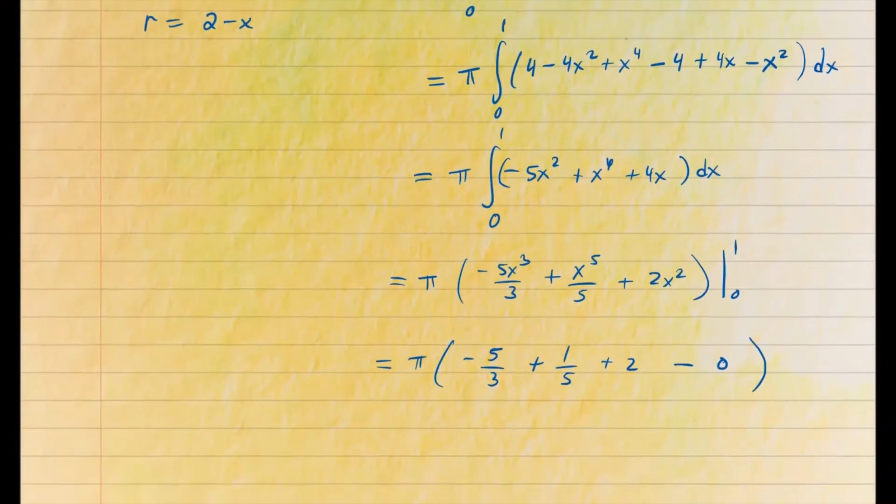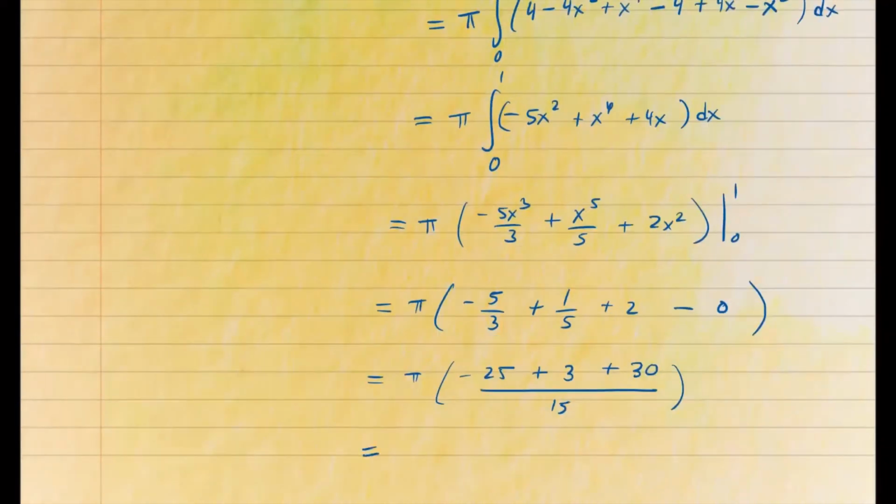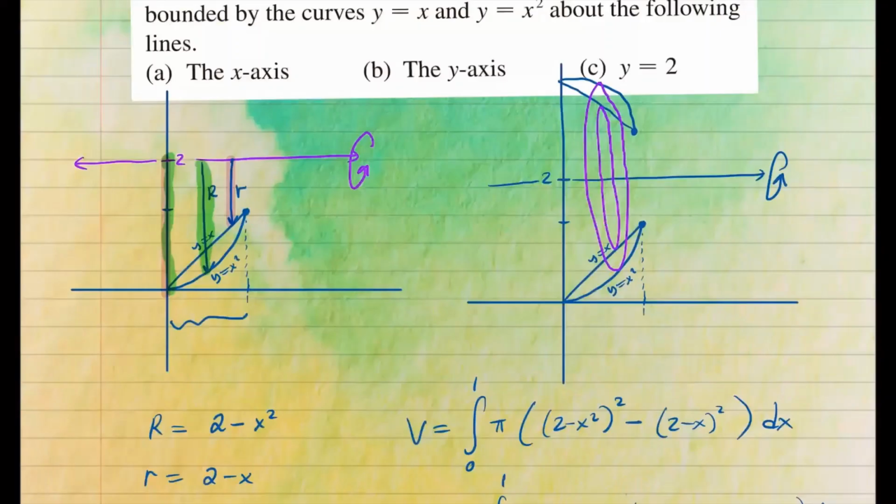And then if we combine all of this into the same denominator, you'll have pi times negative 25 plus 3 plus 30 all over 15. And this will give us 8 pi over 15. So that will be our volume for this region by revolving about the line y equals 2.